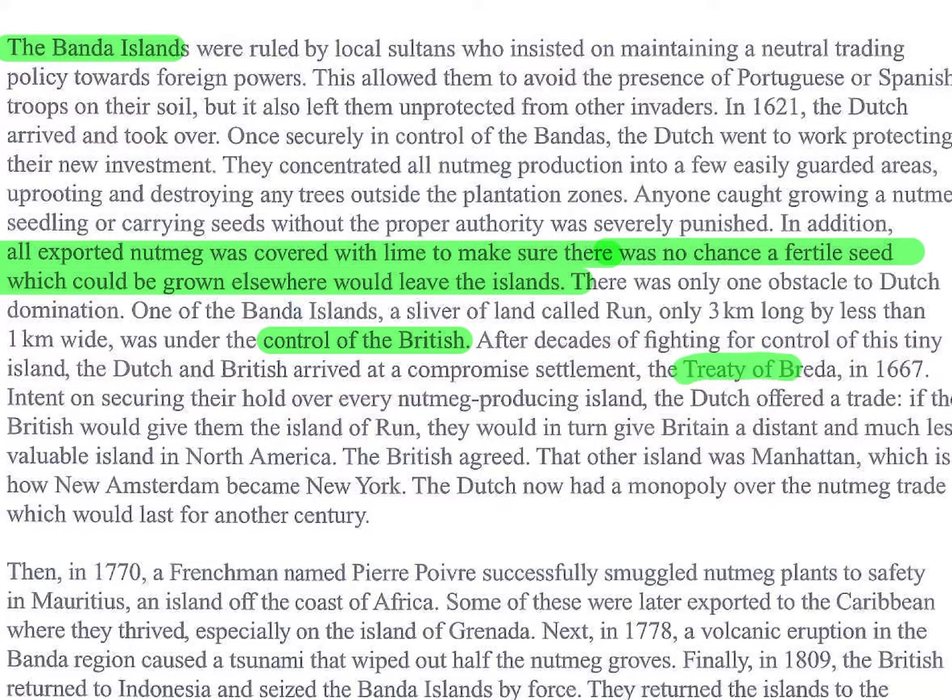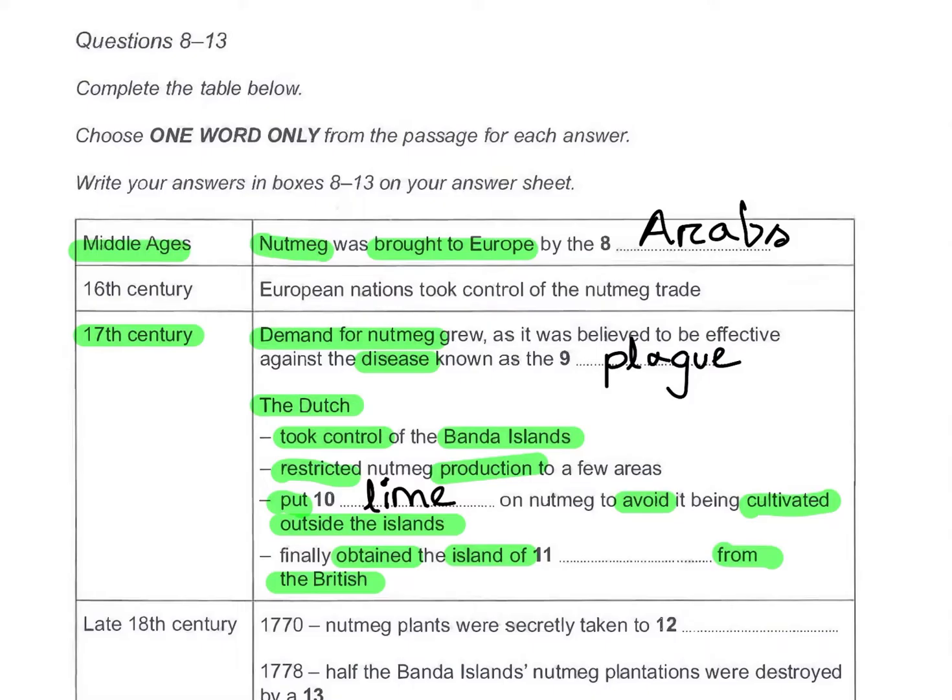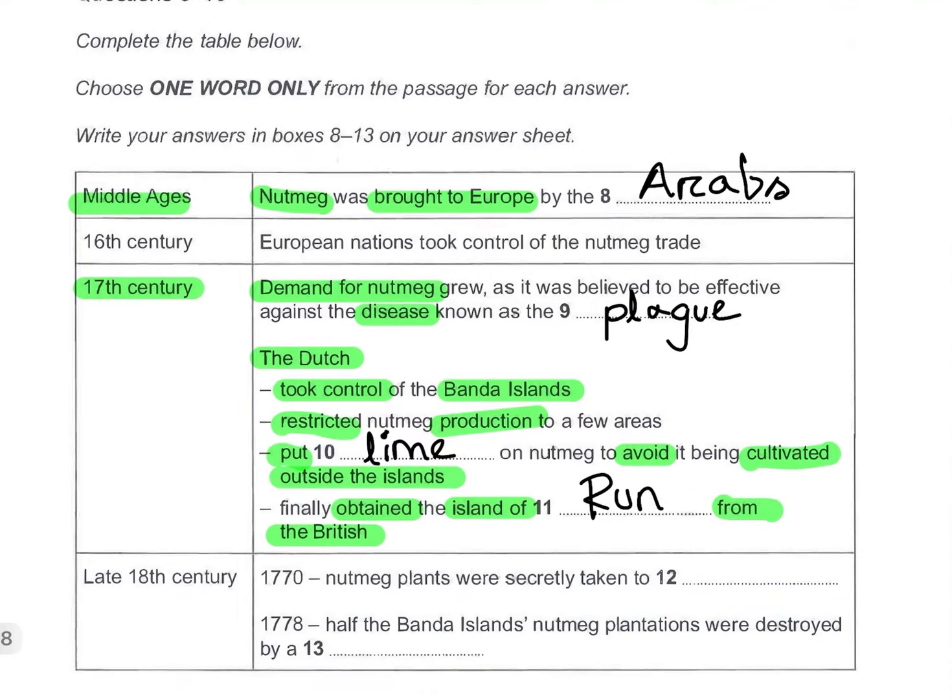We found Treaty of Breda. So we got our island. So the answer will be: finally obtained the island of Run from the British.